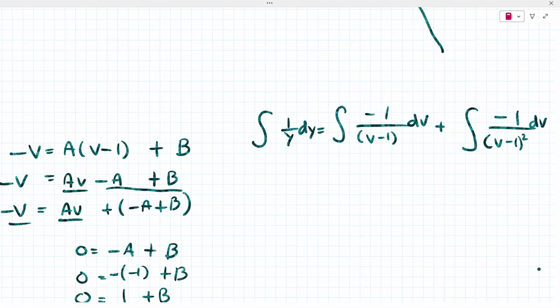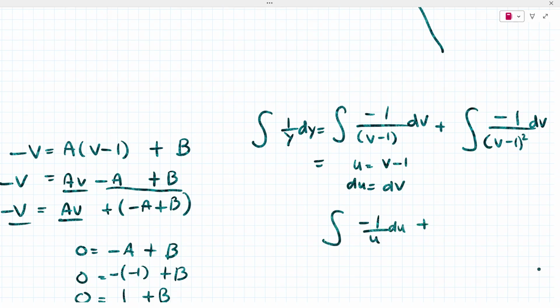So let's do this side. How do I take the integration of negative 1 over v minus 1? You would have to do u substitution. My u is going to be v minus 1, so my du is going to be dv. So that would be the integration of negative 1 over u du.